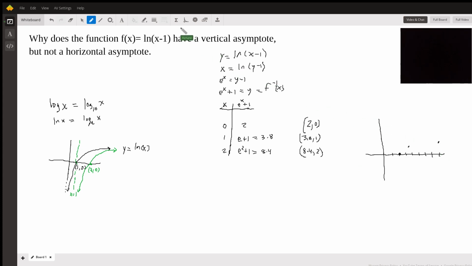And let me use a different color here. And we would connect these. This is going to be our vertical asymptote at 1 here.